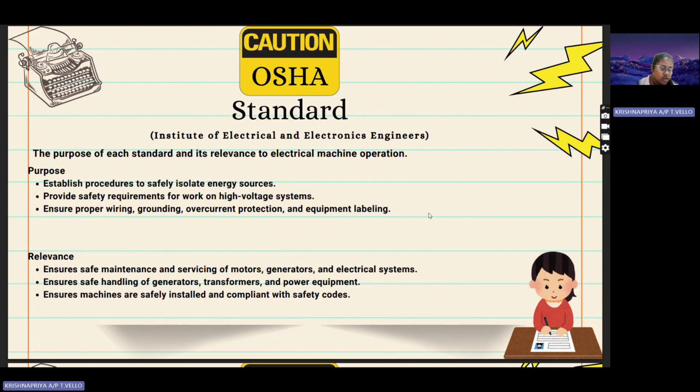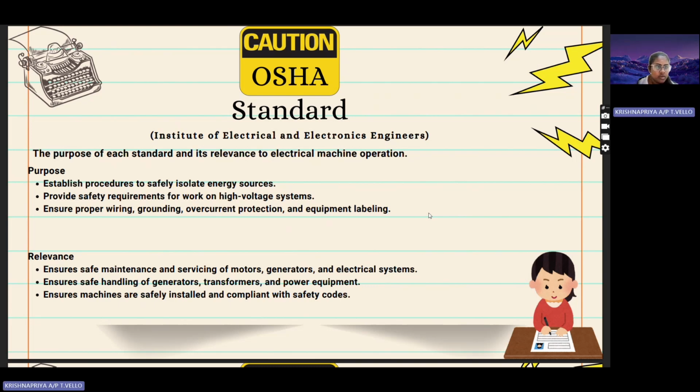Second one, OSHA 1910.269, which provides safety requirements for work on high voltage systems, and it is relevant to ensure safe handling of generators, transformers, and power equipment.